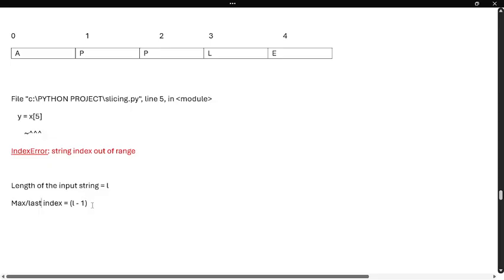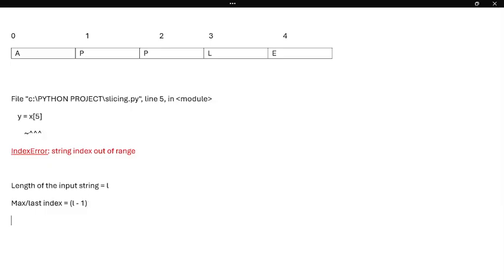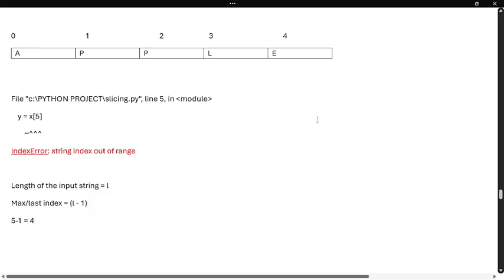Last index will be L minus 1. So in this particular case, 5 minus 1, nothing but 4. Is it 4? Yes, it is 4 only.